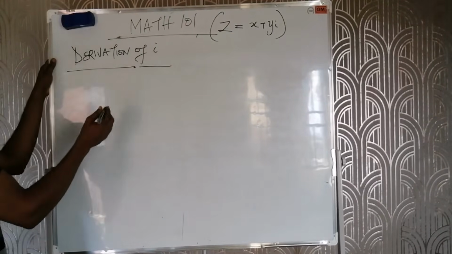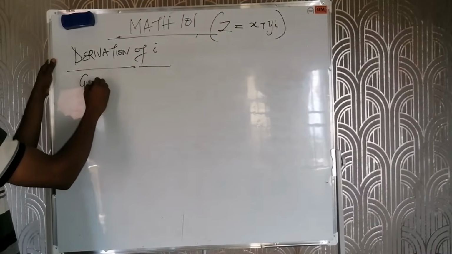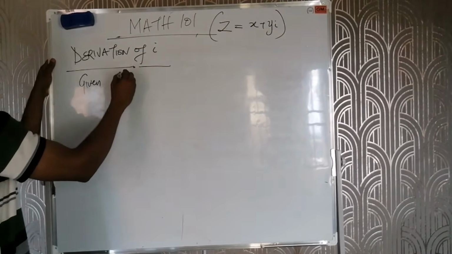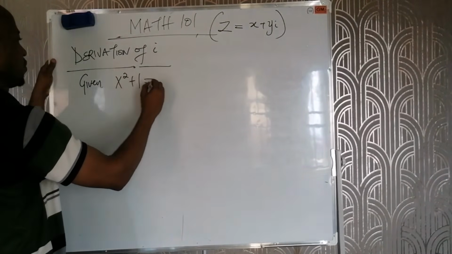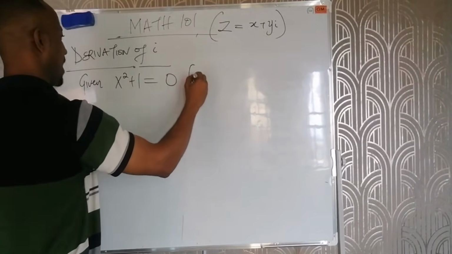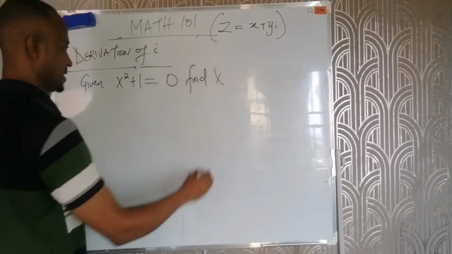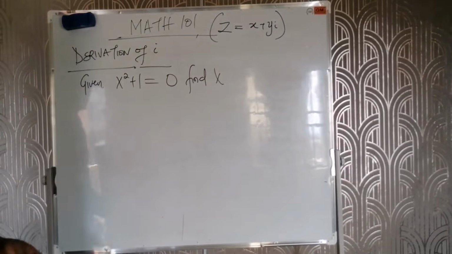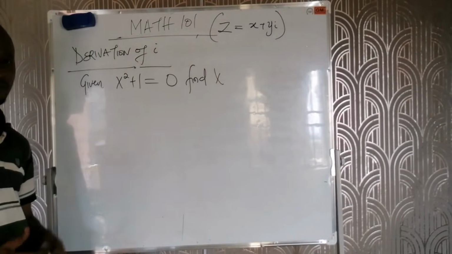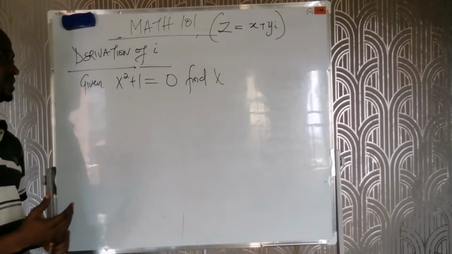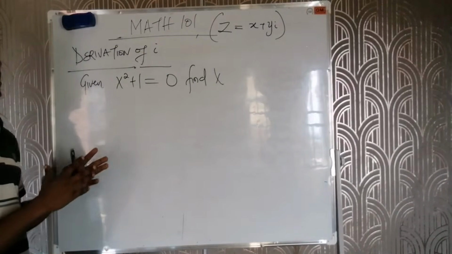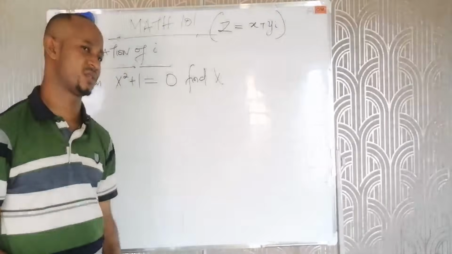Are you there? Okay. For instance, if we are given in mathematics that x squared plus 1 equals 0, and we're asked to find x. This is a very simple question for most of us, but this is a concept where the value of I is being introduced.